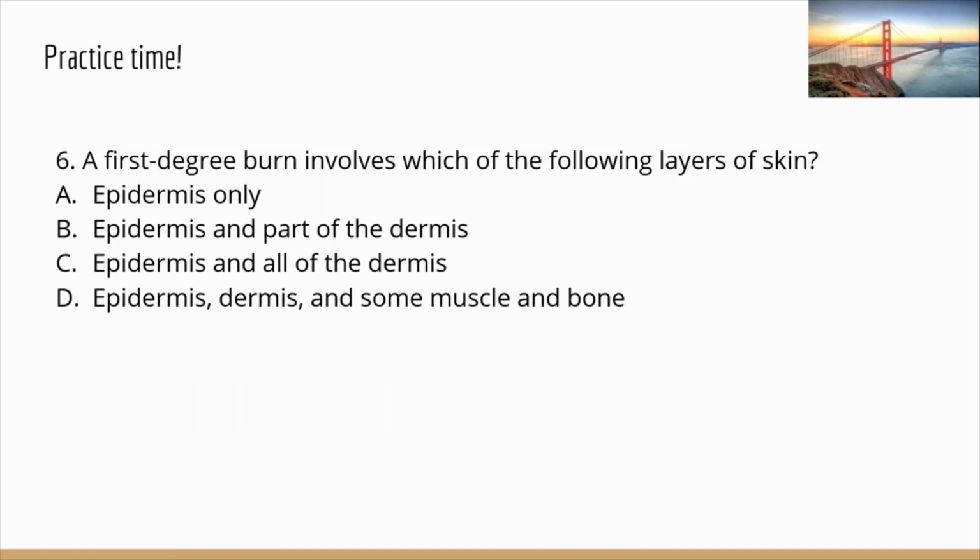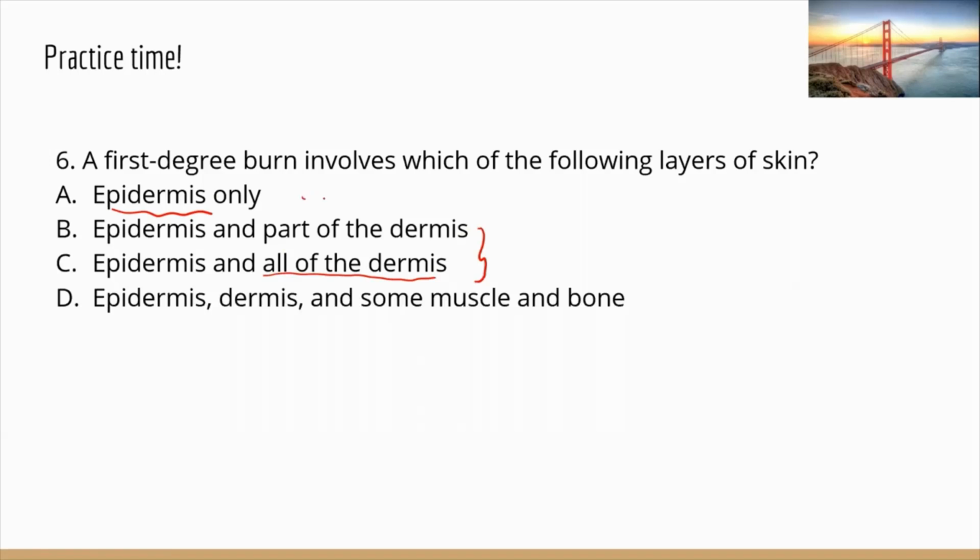So A, epidermis only. You know epidermis is the most superficial layer, so compared to B and C, this is the least damaged level among all the answers. And B, epidermis and part of the dermis. That means the burn goes a little bit deeper, right? It extends into the dermis. And then C is even worse. It now involves all of the dermis.